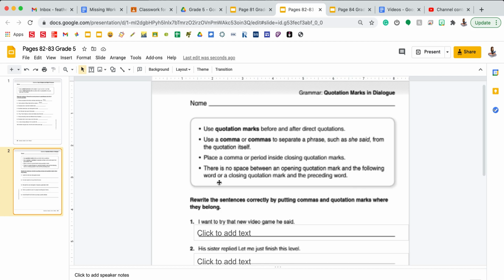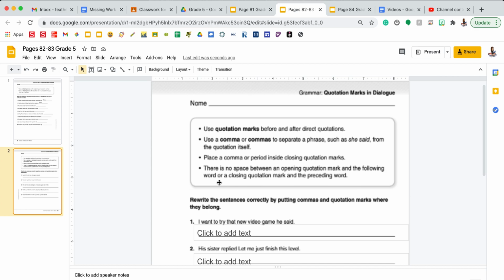On this page, we're looking at quotation marks in dialogue. Remember, dialogue is when people are talking, and dialogue is exactly what they are saying. The box at the top states that we use quotation marks before and after direct quotations. We use a comma or commas to separate a phrase, such as she said, from the quotation itself.